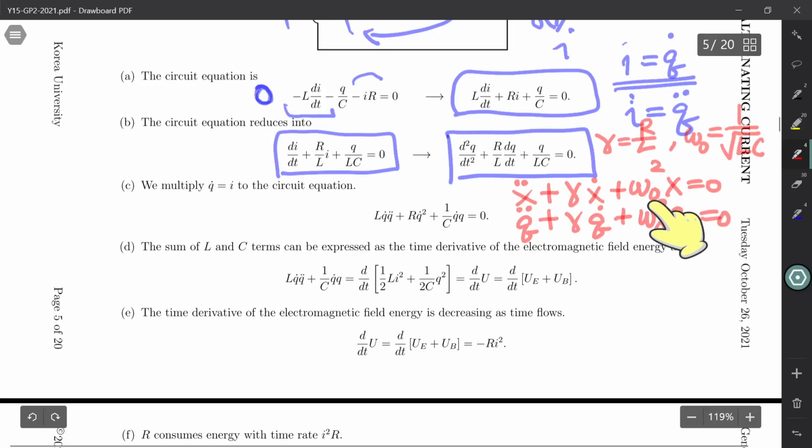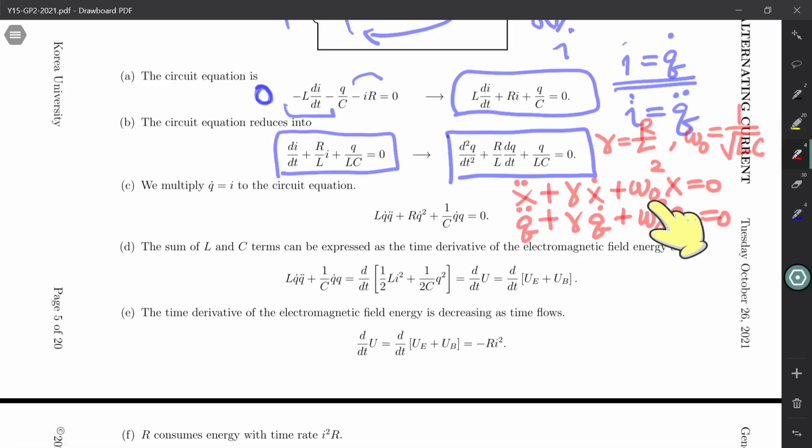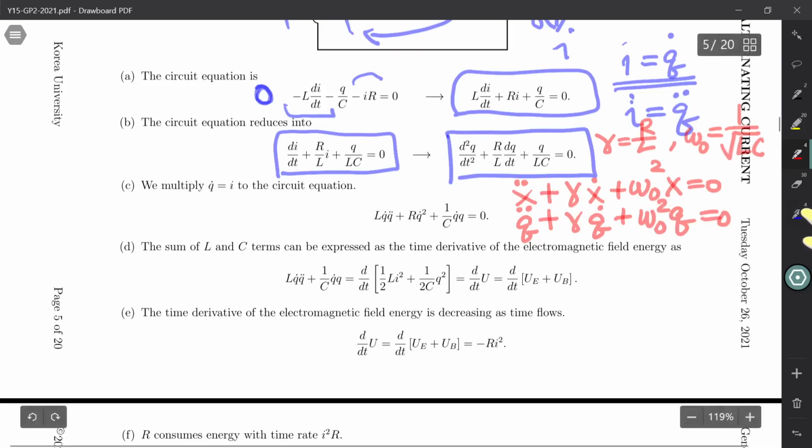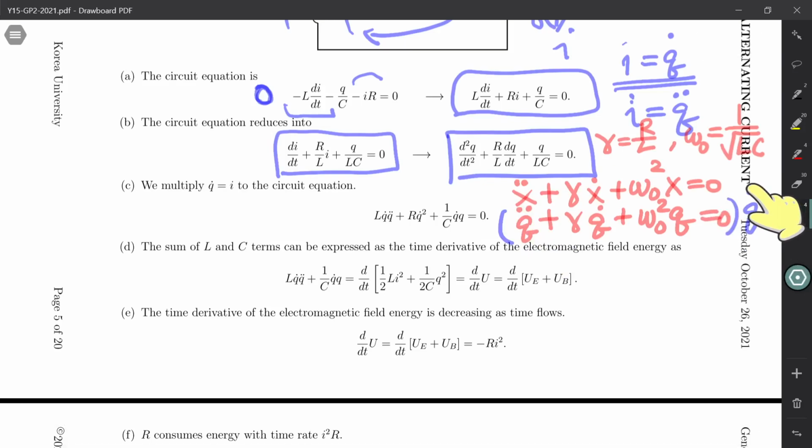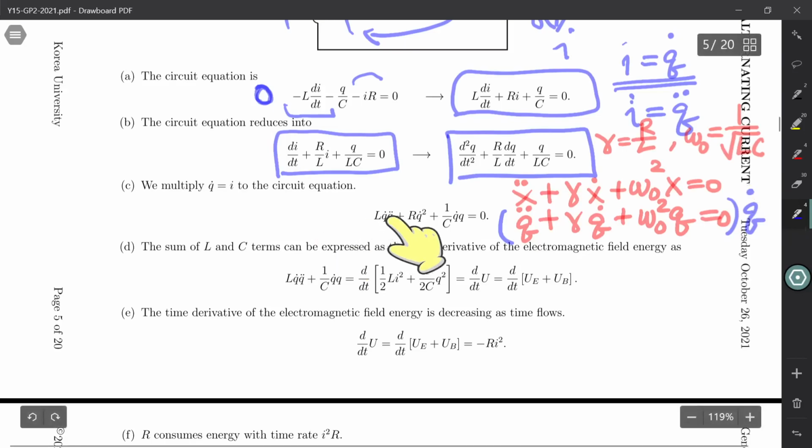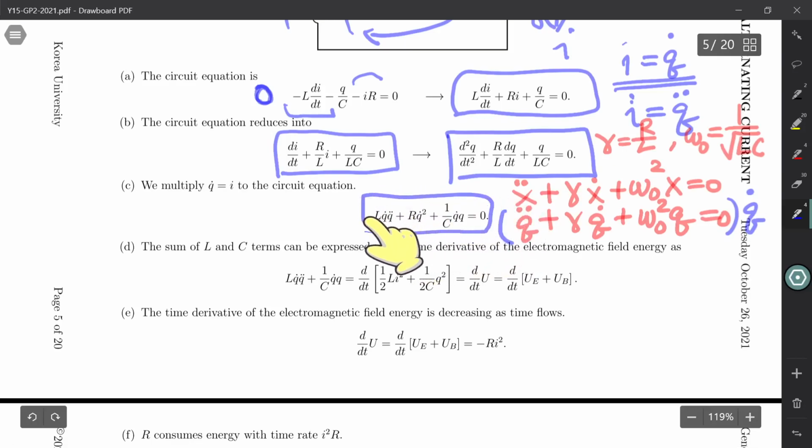In a similar manner as we have done with the simple harmonic oscillator, we multiply Q dot on both sides. Then the equation becomes like that.